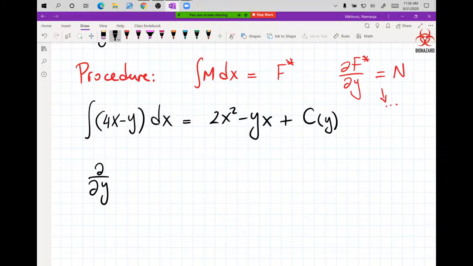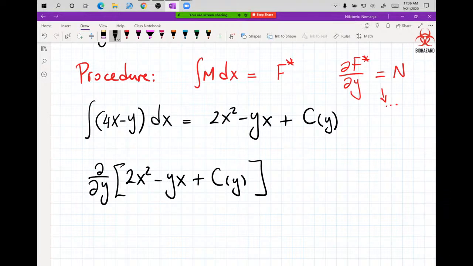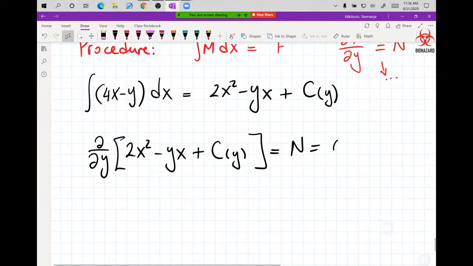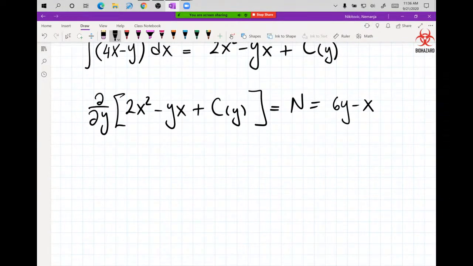All right, so now the next step in the procedure here is to take the partial derivative in respect to y of what we just had and equal it to N, which is up there, 6y minus x. So when I take the partial derivative here, that's going to be 0.